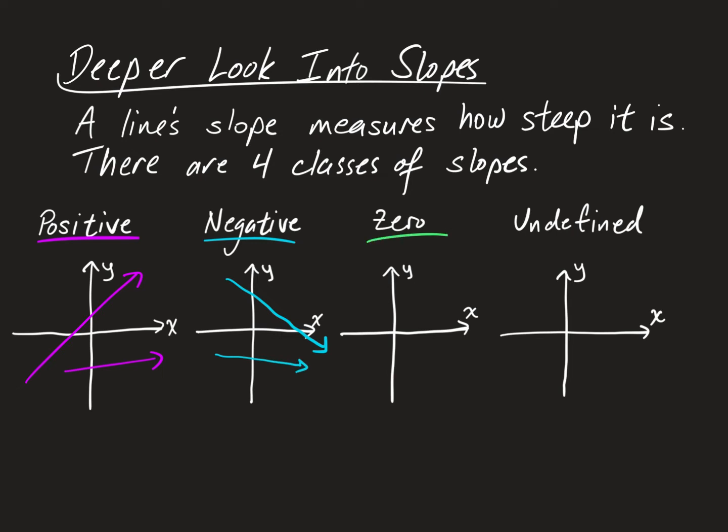The third class of slope is a zero slope line, which is horizontal, it's flat left to right. And then the last class of slope is undefined, and a line that has an undefined slope is vertical. Now we can include the axes here. So the x-axis is actually a zero slope line, and the y-axis is actually an undefined sloped line.